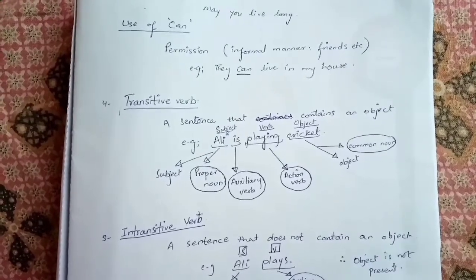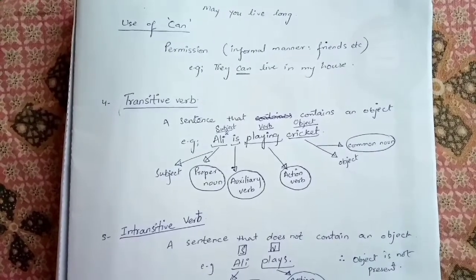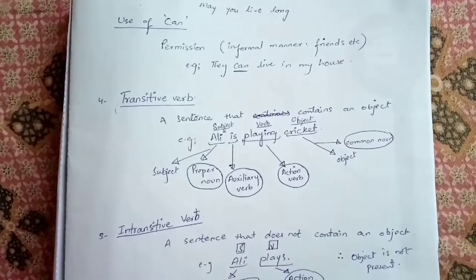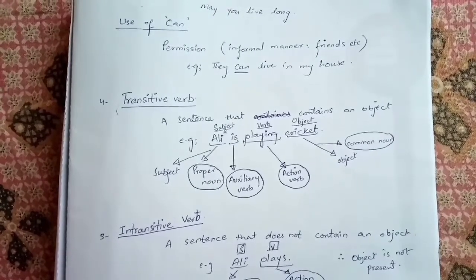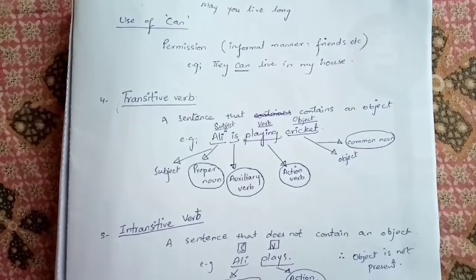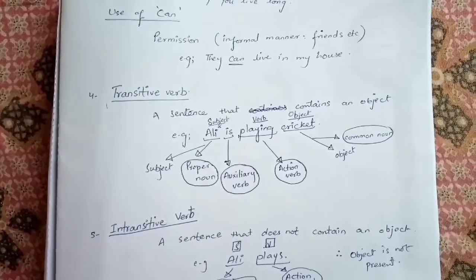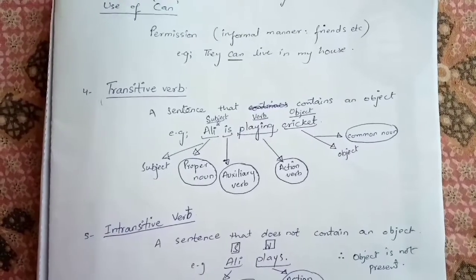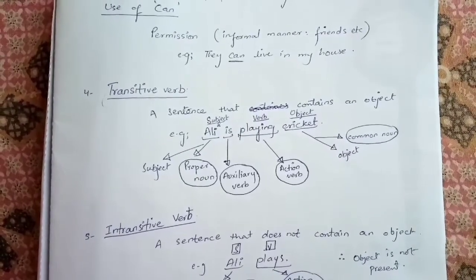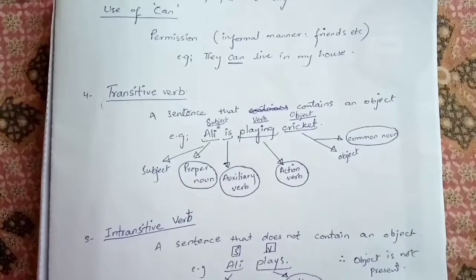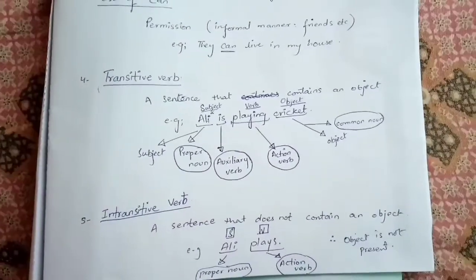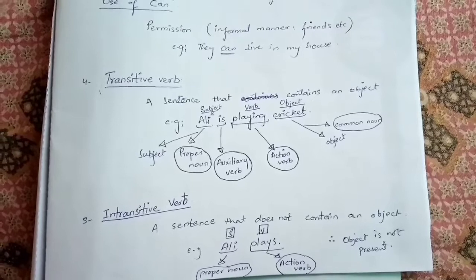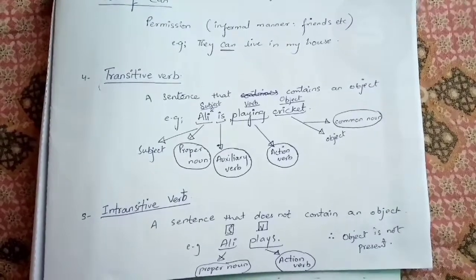Whereas if you're taking permission from your friends, it should be in an informal manner. Then you have to use the word can instead of the word may. For instance, they can live in my house. Over here I'm granting permission, so I have to use the word can. Hope it clears.